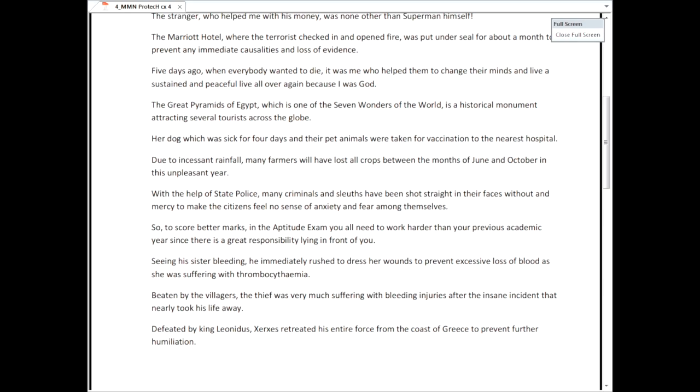Now, here which ends, there is a comma, and there is an is. What is it saying in detail? It says which is one of the seven wonders of the world. So the pyramids are one out of the seven. And if you notice, when I say one of the seven wonders, I use plural, not wonder, because it's one out of many.